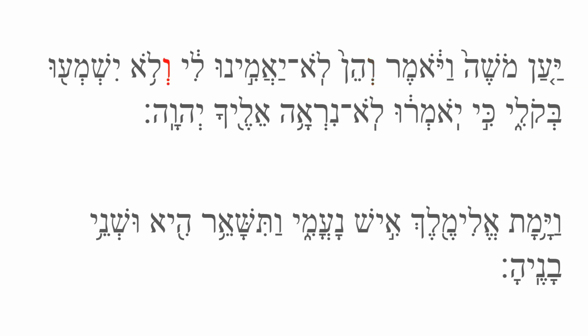We also see this syllable opening shva here on velo, and here on bikoli, at the start of the word. While not universal, a shva at the beginning of a word often signifies that there's a connecting vav or a prepositional phrase attached to the main word. Syllable opening shvas can also appear in the middle of a word, or really wherever a new syllable starts.